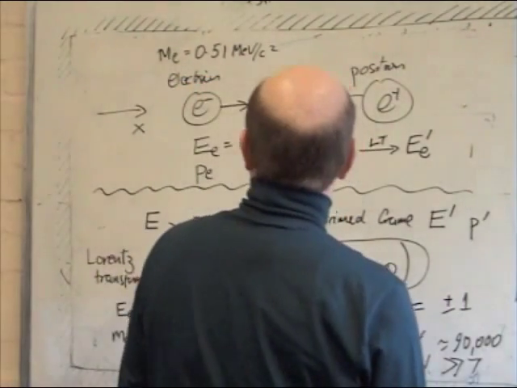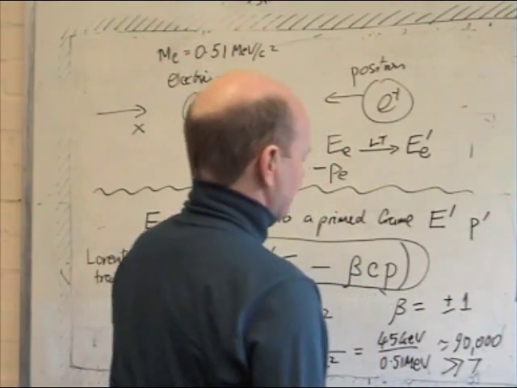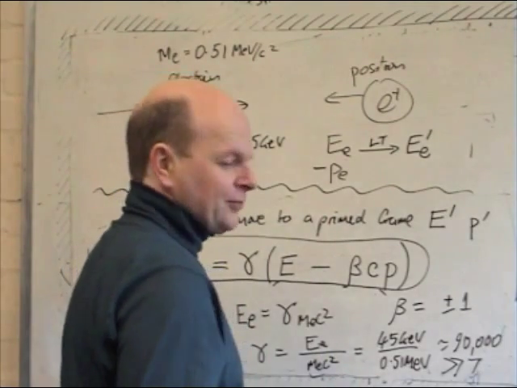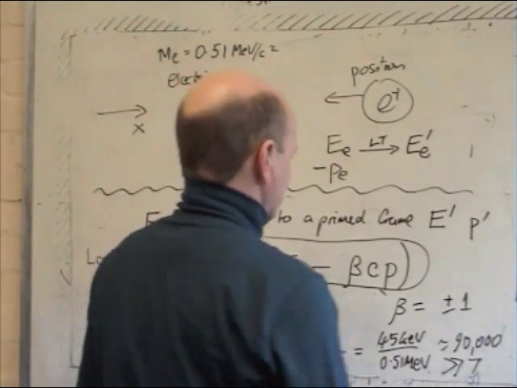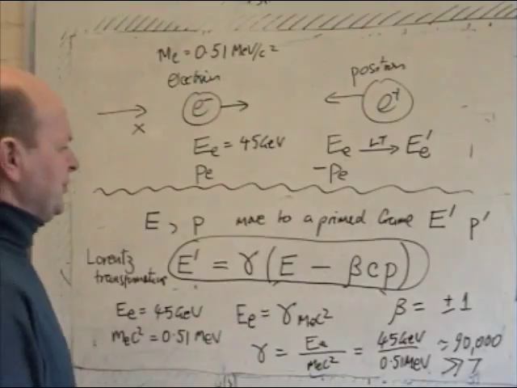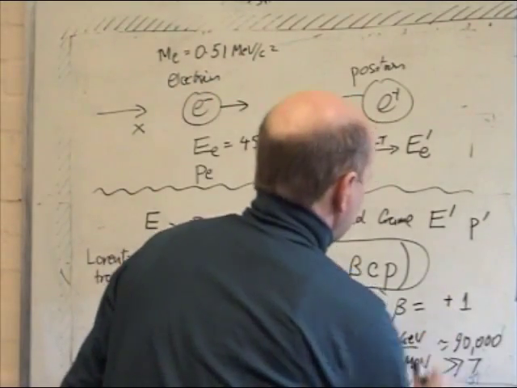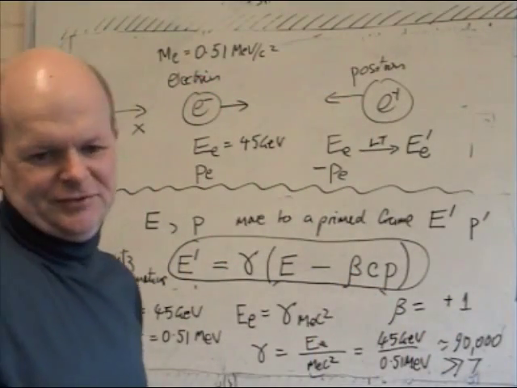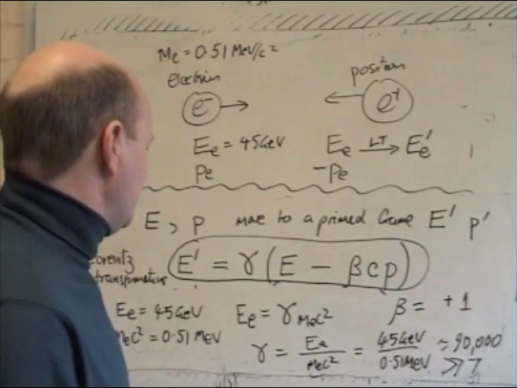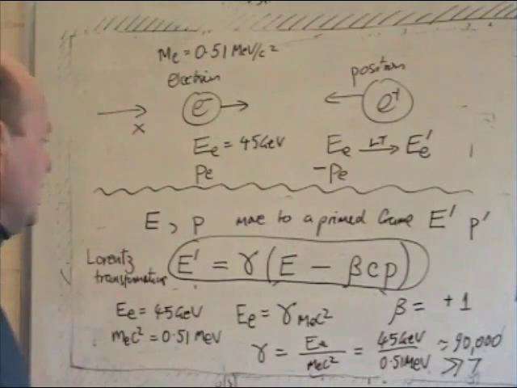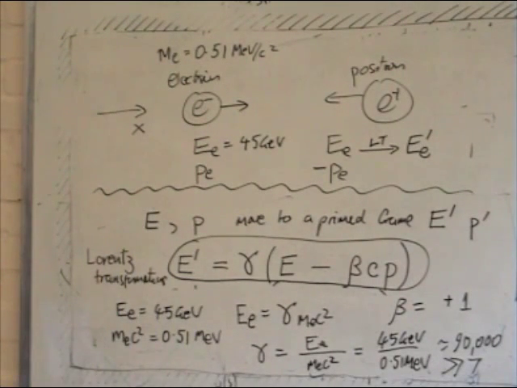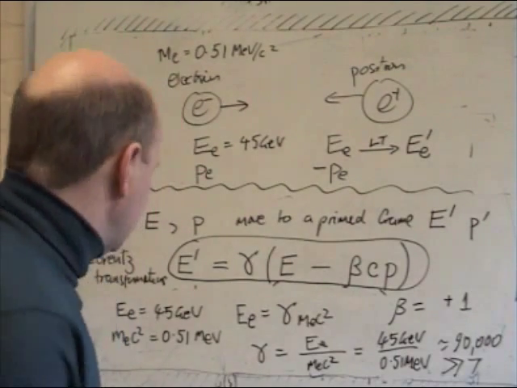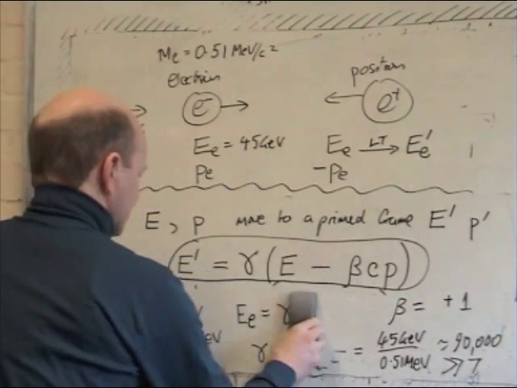In this case, the electron, and therefore its rest frame, and therefore the prime frame's origin, is moving to the right, because the electron's moving to the right in the centre of mass frame. So beta is, as near as makes absolutely no difference for this problem, plus 1. So we've got gamma of 90,000 and beta of plus 1. Okay? So that allows us to do the calculation.